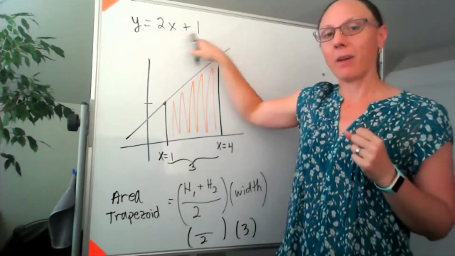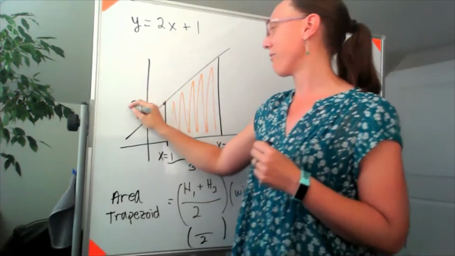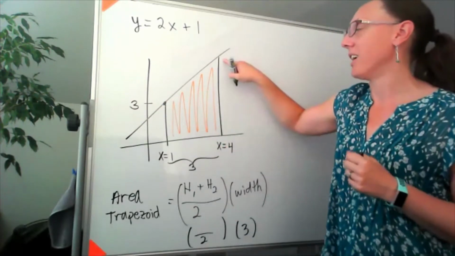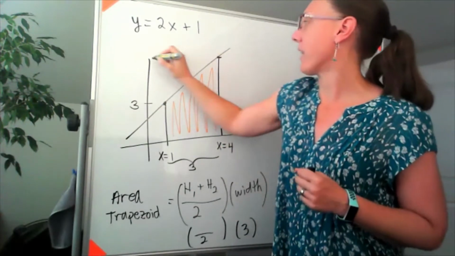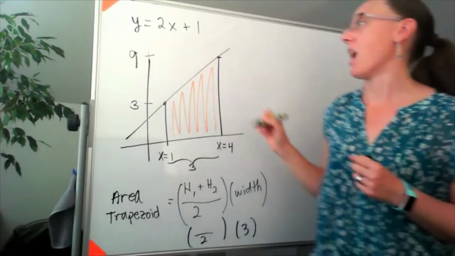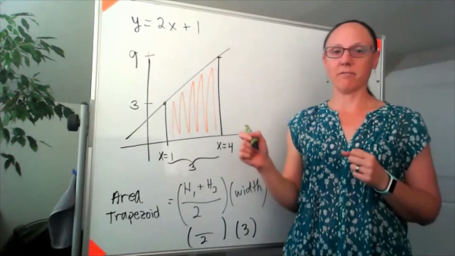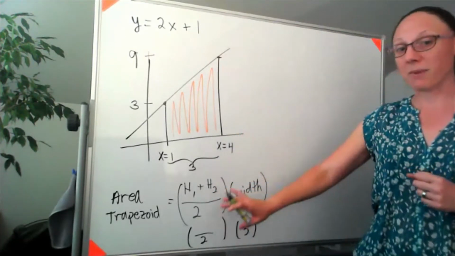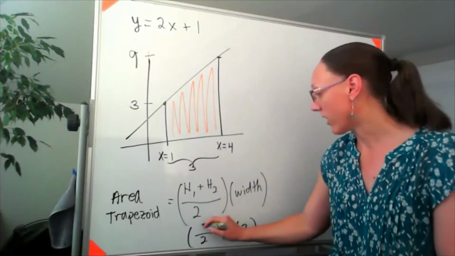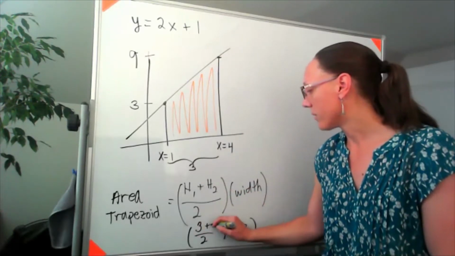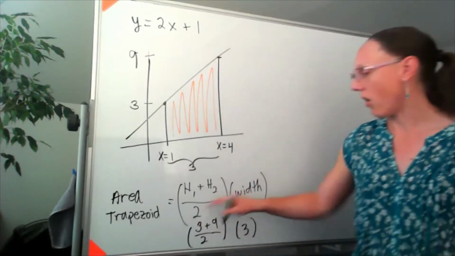Did you know that? Okay, so 2 plus 1, I'm looking at 3 for the height. And when I plug in 4, I'm going to get a height here of 9 from plugging 4 into the function. So in terms of my area, this would look like 3 plus 9 all over 2.